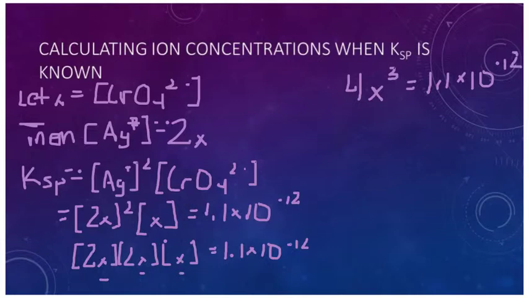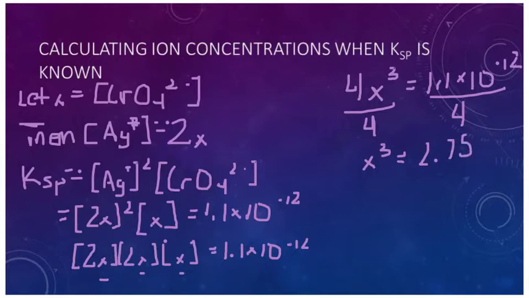Okay, then I have to do some algebra, so I divide by 4 because I'm trying to get x by itself. So I end up with x cubed equals 2.75 times 10 to the negative 13.